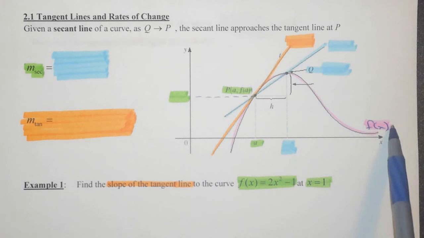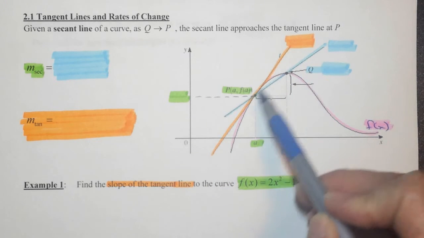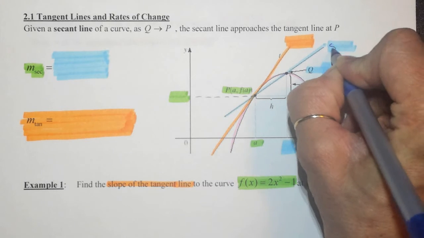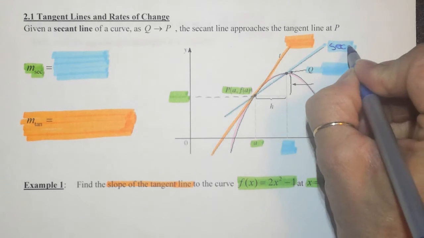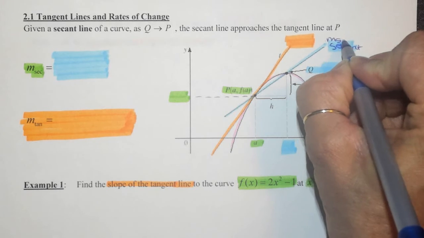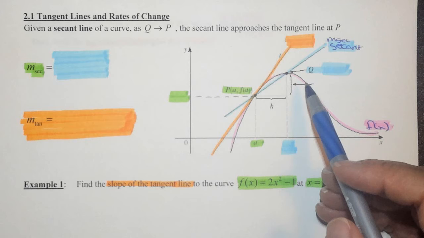So here in the pink we have our function f of x, okay, and what we want to do is take this line right here that is cutting through the curve, which is our secant line, and identify the slope of the secant line and compare it to the slope of the tangent line.